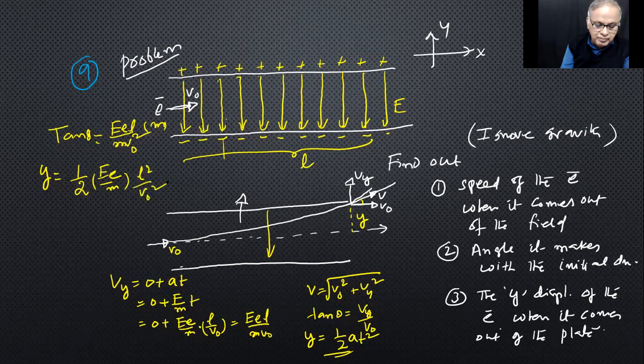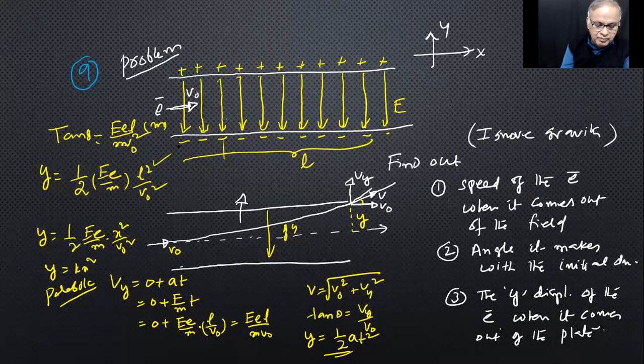In fact, if the distance traveled until somewhere in the middle is x, you can write y equals half E q by m into x square by V naught square, which is y equals k x square, a parabola. Of course, when it comes out, x will be equal to L. So this is how you discuss the motion of a particle in an electric field E like that.